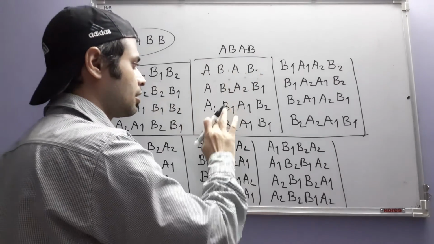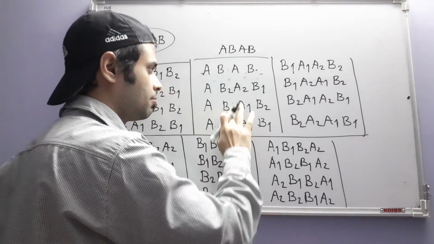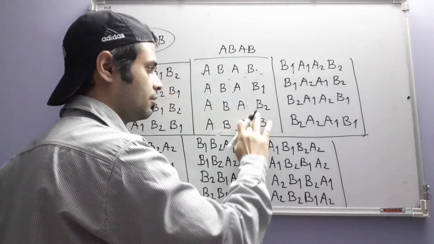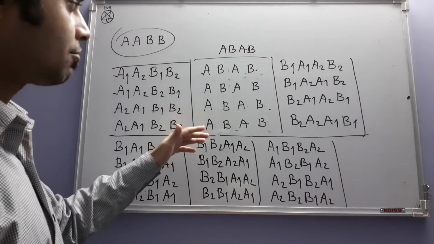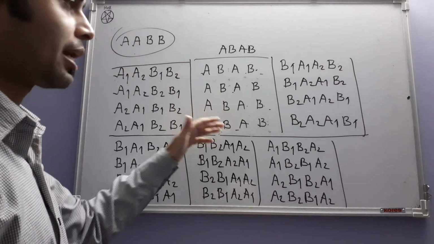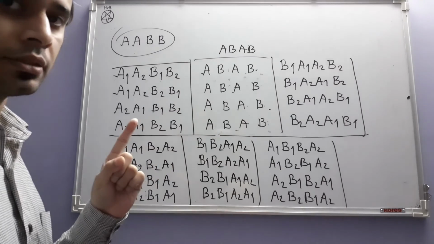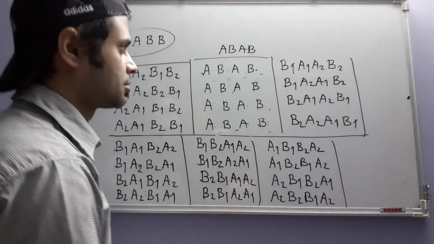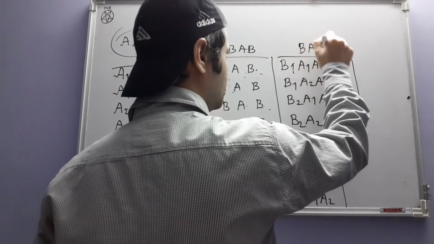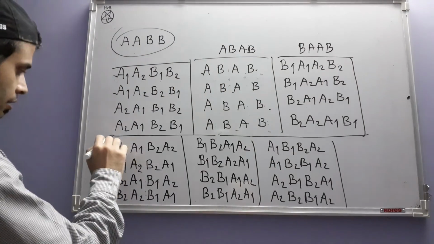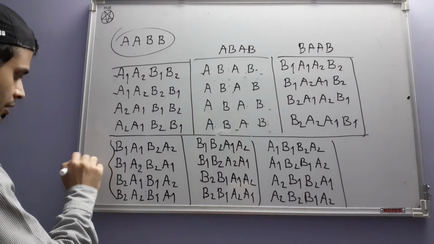They turn out to be the same. So we have counted them 4 times, but actually we should count them only once. This also gives me BA, and this one gives me BA.